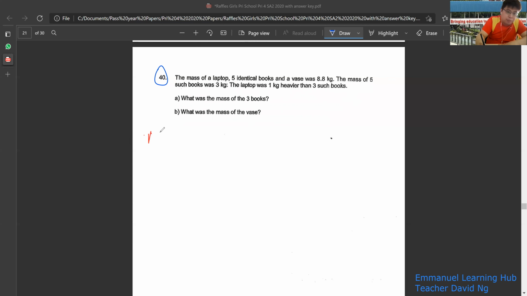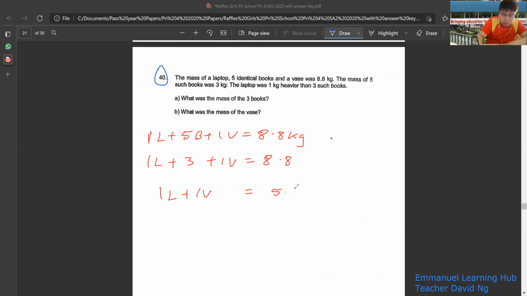So you have 1 laptop plus 5 books plus 1 vase. 5 books is 3 kg. Do you understand how I get 3? 5 books is 3. Do you understand why 5.8?